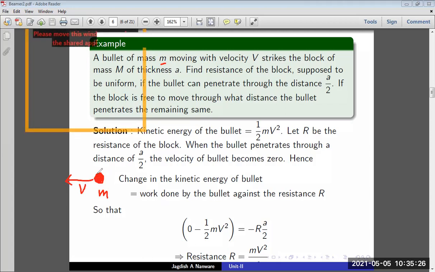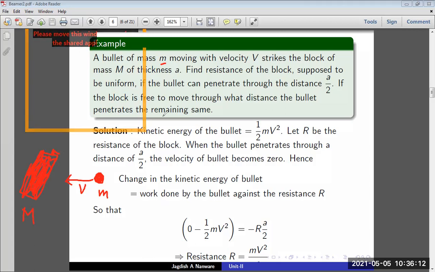Now this bullet will strike or hit the block. So I will take some block here, right? And I will shade this as block, and the mass of this block is denoted by capital M. And thickness of the block is denoted by A here.